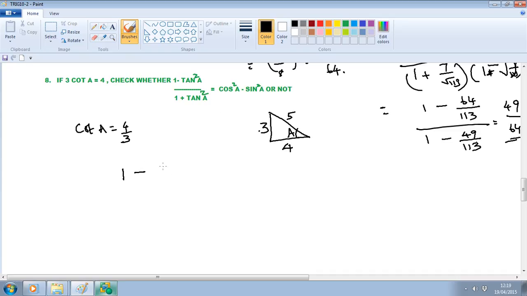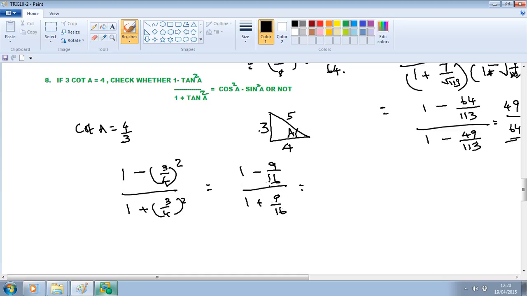Tan square is 3 by 4 whole square, so 1 minus 3 by 4 square is 1 minus 9 by 16, divided by 1 plus 9 by 16. Multiply by 16: top is 16 minus 9, divided by 16 plus 9.